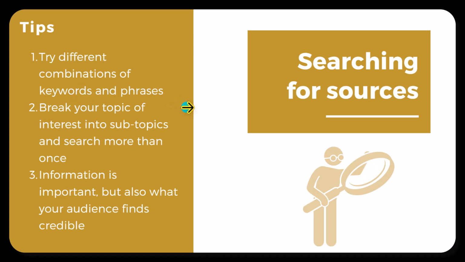Okay, when searching for sources, you'll want to try different combinations of keywords and phrases. Like I just showed you, sometimes you might find one or two sources with one combination, and sometimes you may not. Sometimes you may find way too many sources, and sometimes you're not going to find enough. But sometimes I'll break it up and even have 2 or 3 different searches.